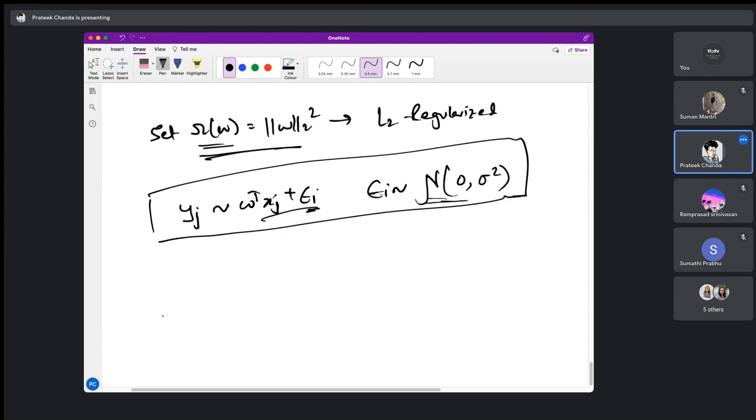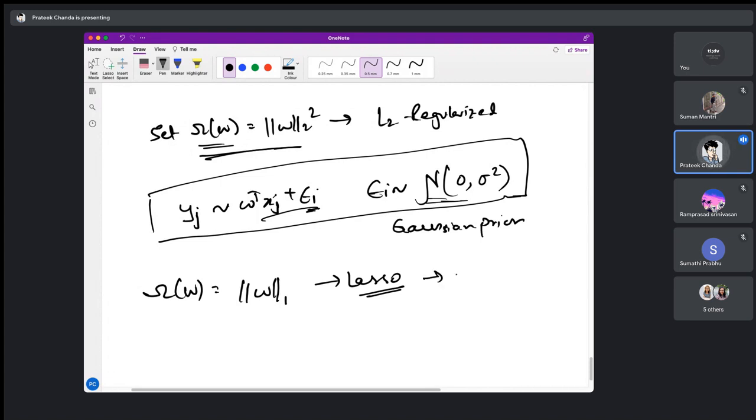For example, for L2 we had a Gaussian prior. For L1, which is the lasso, it is subject to a Laplace distribution prior.